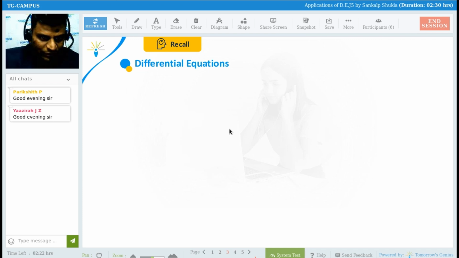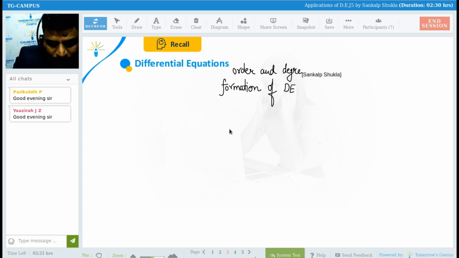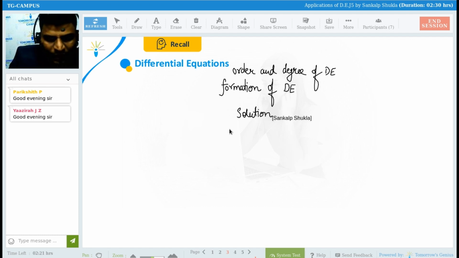First of all, recall whatever we have discussed in differential equations. First, order and degree. Then formation of differential equations: how to form a differential equation. We have studied order and degree of DE, formation of DE, and then solution of DE.